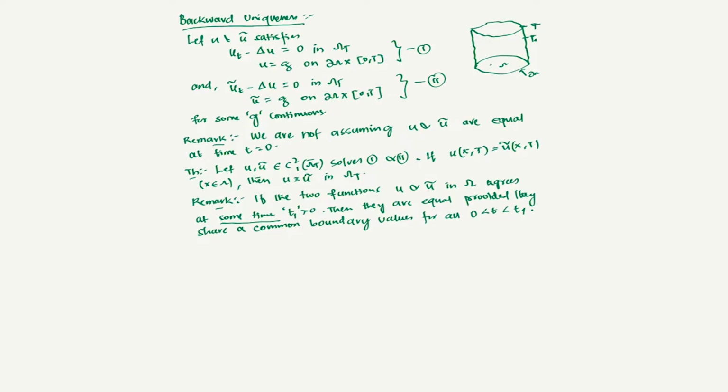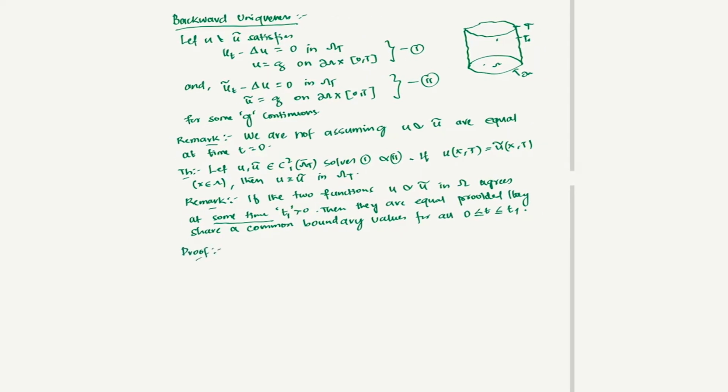So if this holds for all t between 0 and t1, then the functions are identically equal. You have to have the functions equal for some t, and on the boundary they have to be equal for all t below this capital T1, then the functions are the same. So let's look at the proof of this.